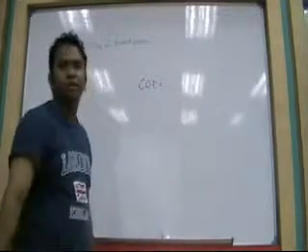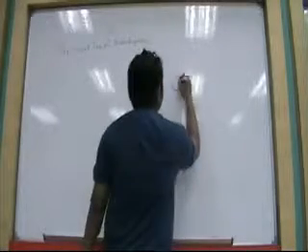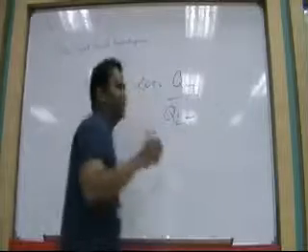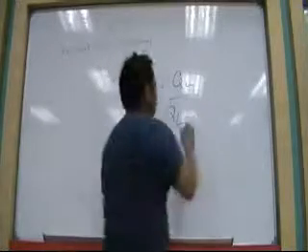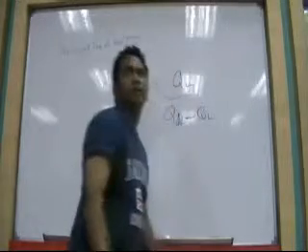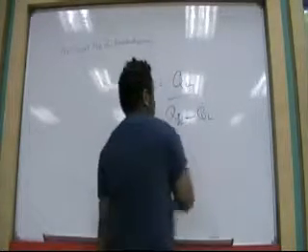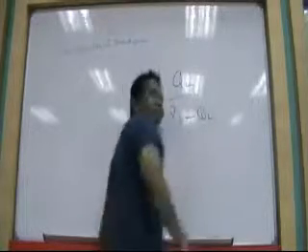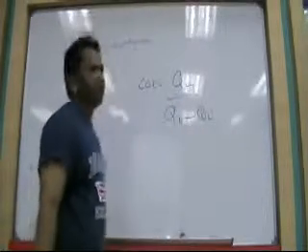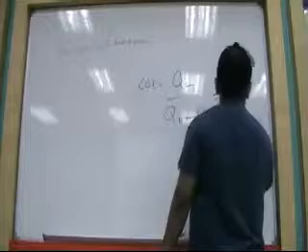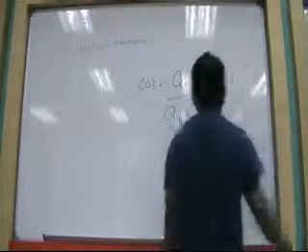COP is equal to QL over QH minus QL. Based on the formula, we can also derive it in terms of temperatures, TL over TH minus TL.